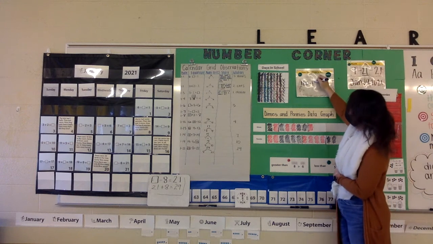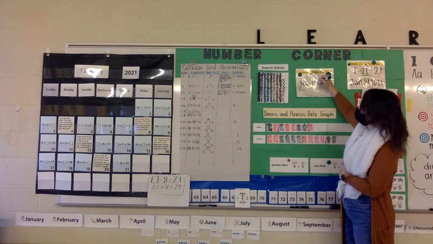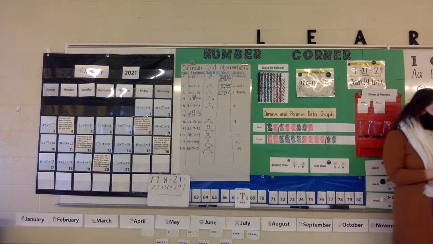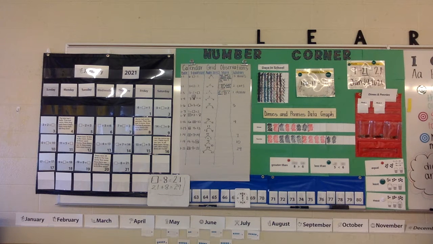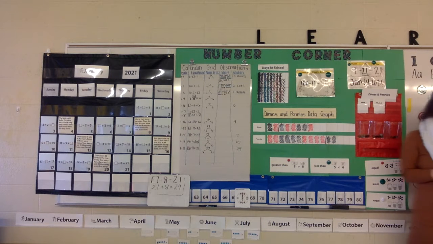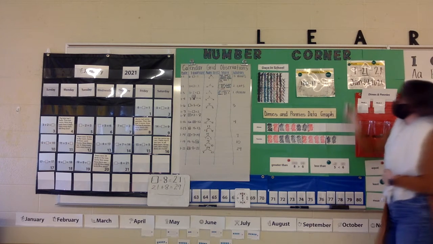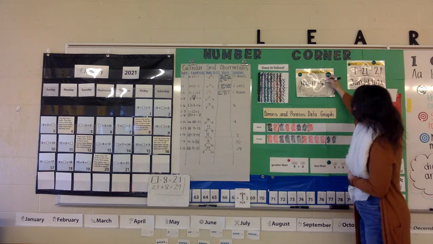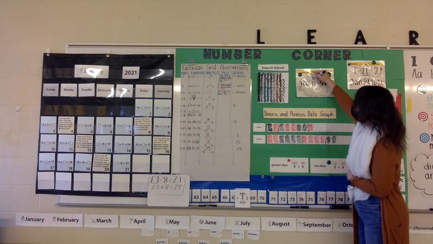What's that answer? What's 100 take away 12? Madison. 88.